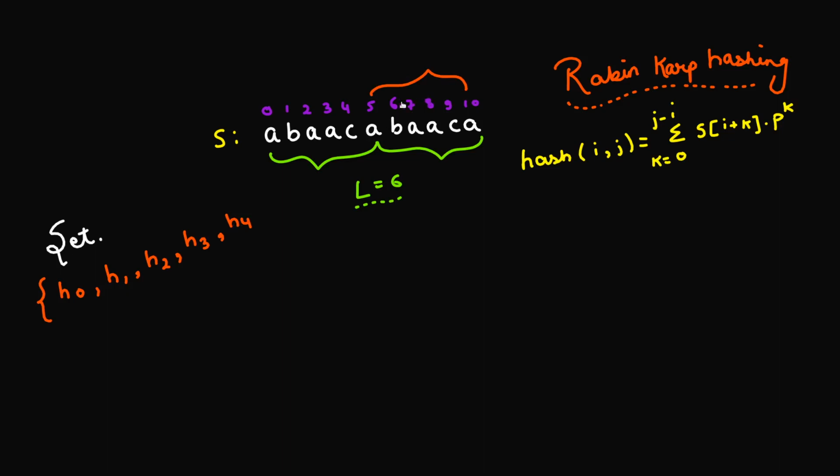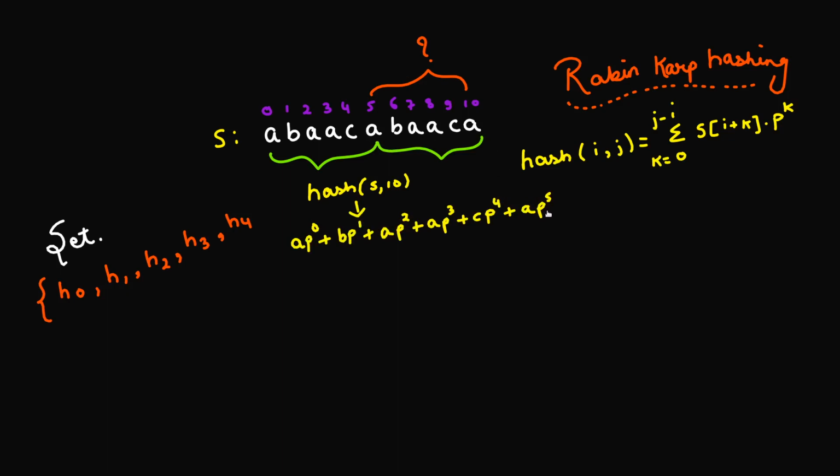Now, if you notice this section from index 5 to index 10, what is the hash of this section going to be? We have just seen that, which is a times p raised to the power 0, b times p raised to the power 1, a times p raised to the power 2, and so on till a times p raised to the power 5.